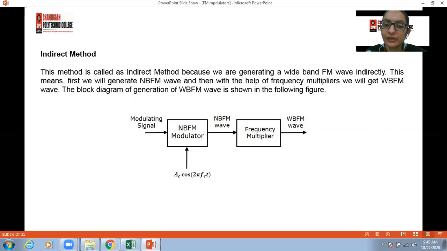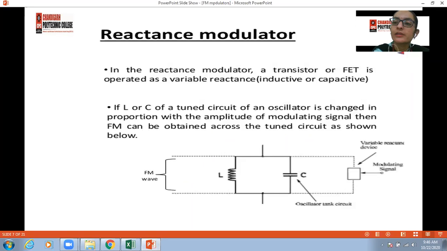In the block diagram, the modulating signal is given to the narrowband FM modulator, which is combined with the carrier, and a narrowband FM wave is generated. After that, a frequency multiplier multiplies the frequency by 2x, 4x, and so on, and a wideband FM is produced. In this lecture, we are going to study only the direct methods of FM generation.